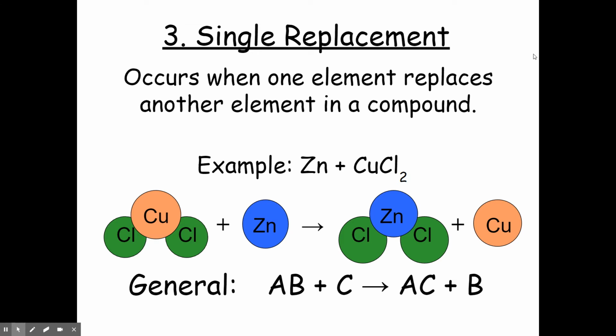Here's single replacement. It occurs when one element replaces another element in a compound. So every time you see a single replacement, it will have an element and one compound yielding an element and a compound.